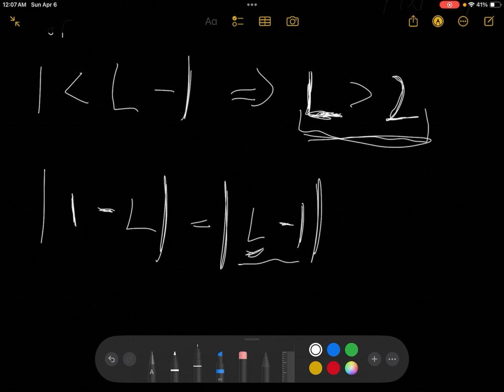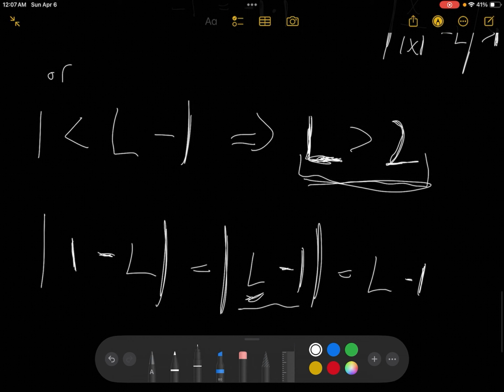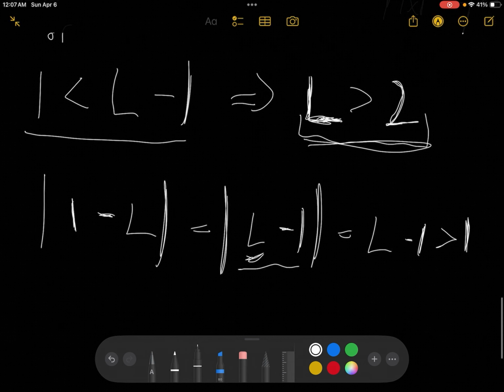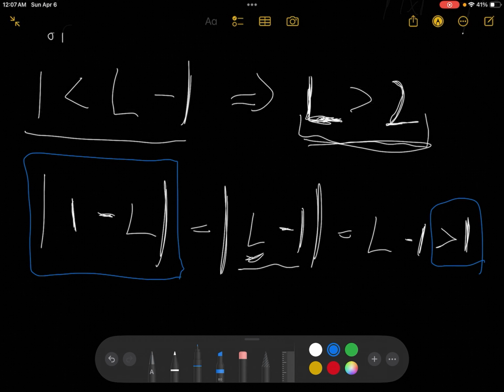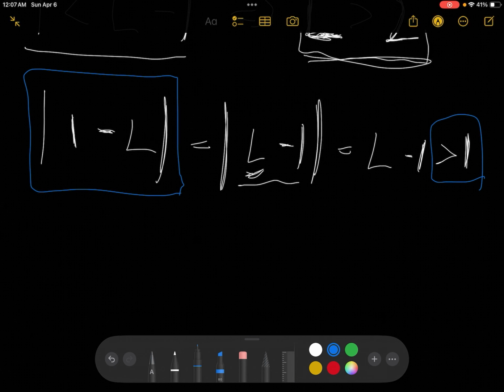And then, since L is greater than 2, this term here is going to be positive. So this equals L minus 1 without the absolute values, which we know right here is greater than 1. And these bits right here are precisely what we wanted to show. Because remember, evaluating this function for any x greater than 0 is just 1.